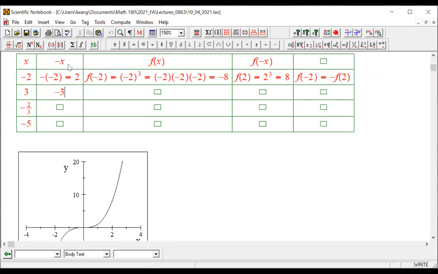When you see -x, in your mind you should think of it as the opposite of x. Don't think of x as always positive. That's one of the pitfalls of a lot of our students. When they see -x, it may be positive or negative, just like x could be positive or negative. Are you guys with me?